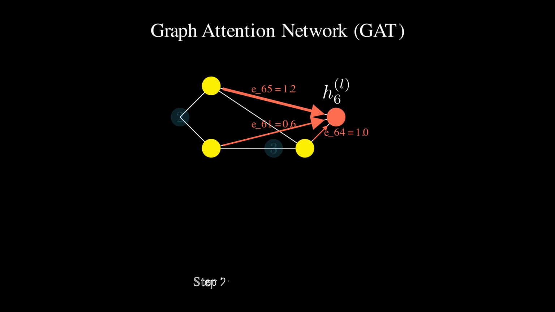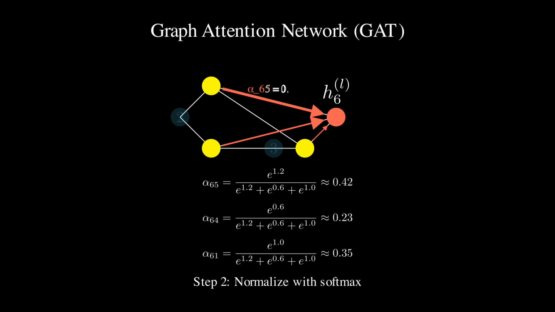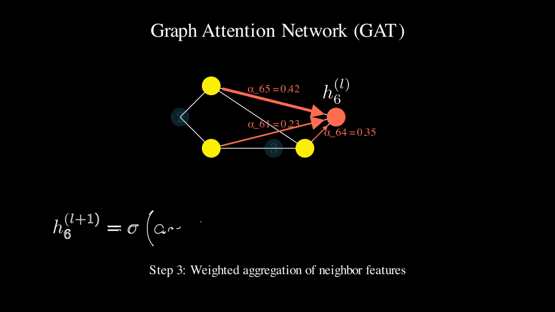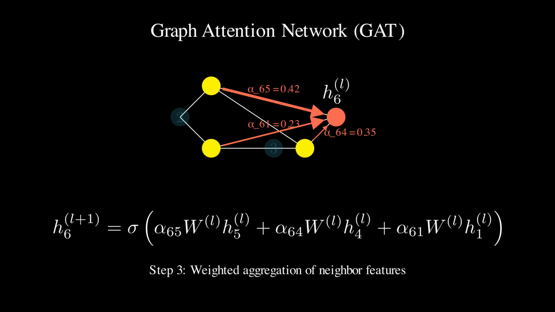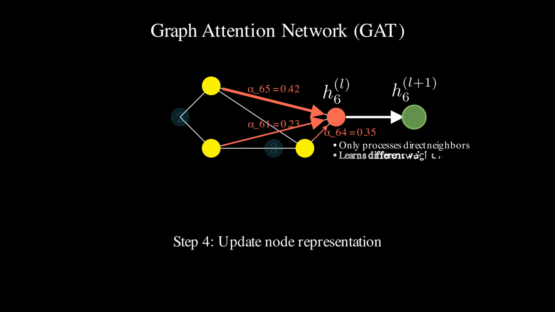Then we normalize with softmax to get attention weights, and we get alpha_65 approximately 0.42, alpha_64 approximately 0.23, and alpha_61 approximately 0.35. And the final aggregation becomes h_6 at layer L plus 1 equals sigma of alpha_65 times W_L times h_5 plus alpha_64 times W_L times h_4 plus alpha_61 times W_L times h_1, where sigma is the sigmoid function.